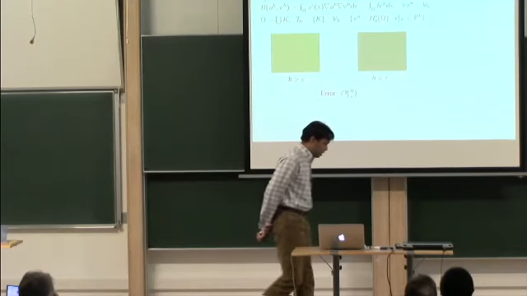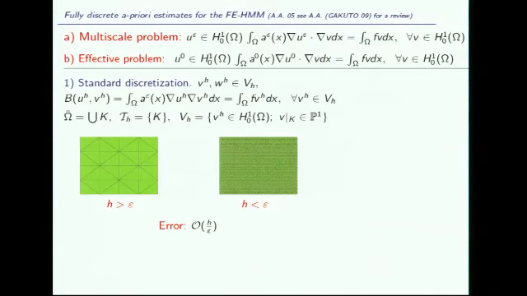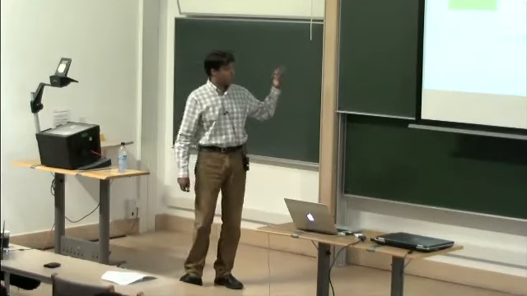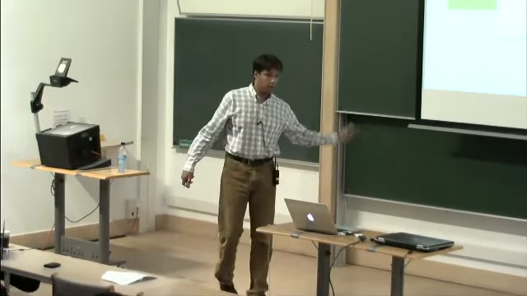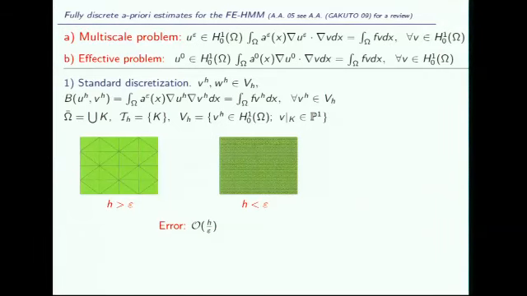Why? If you do finite element H1 convergence results, you know that you have a semi-norm of the solution in H2, and this usually goes like 1 over epsilon. Okay, so that you have an error of h divided by epsilon. So h must be taken much smaller than epsilon if you want to have a convergence.